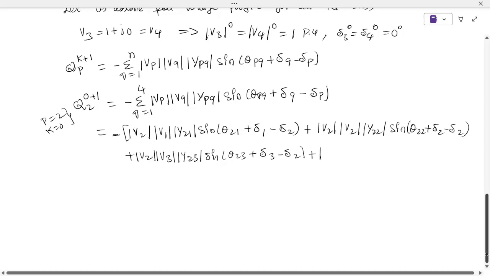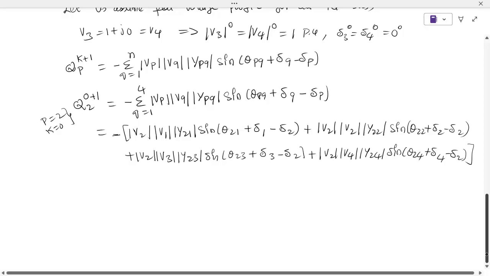Now substitute q is equal to 4: V2 V4 Y24 sin(theta 24 plus del 4 minus del 2), close the bracket. These are the 4 terms after substituting p is equal to 2 and q values from 1 to 4.